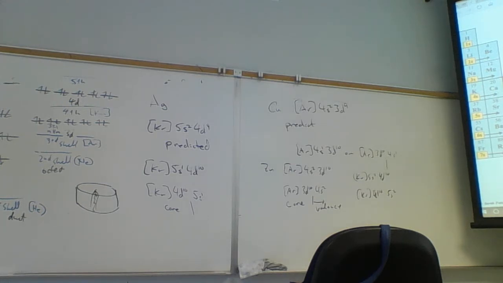And so here we're trying to get a more fundamental picture of what's happening. And this more fundamental picture is a theory, and what we're using is quantum theory or quantum mechanics to help us better understand what's going on with these elements here.